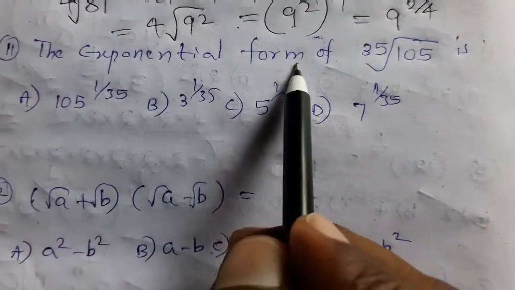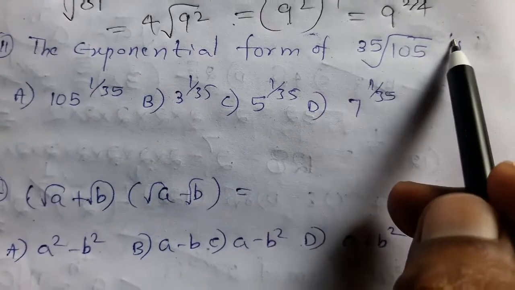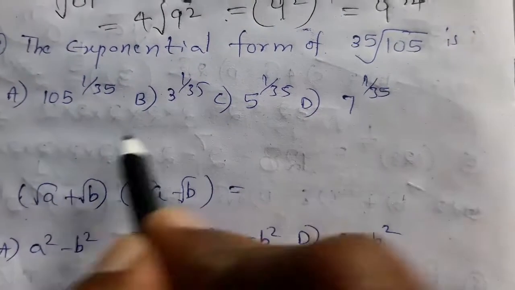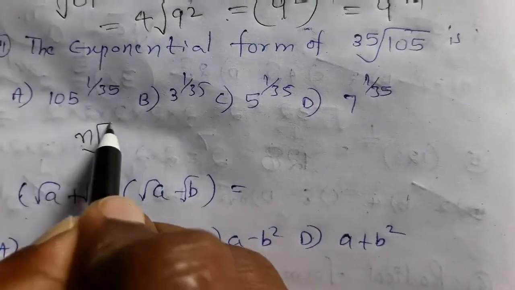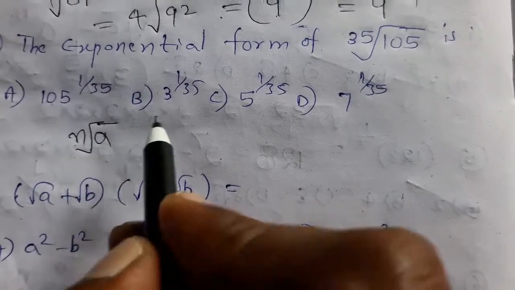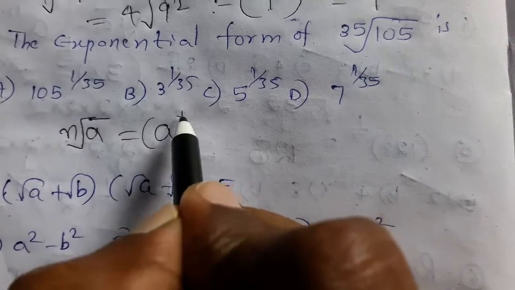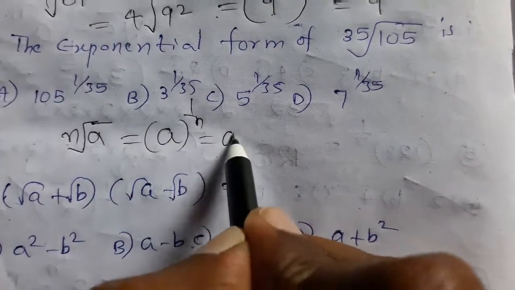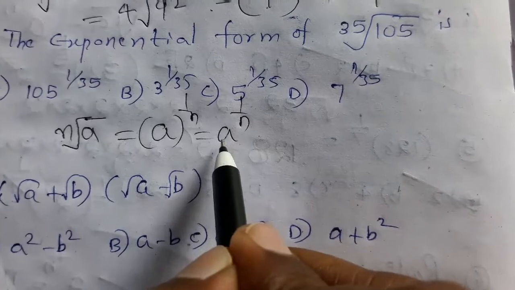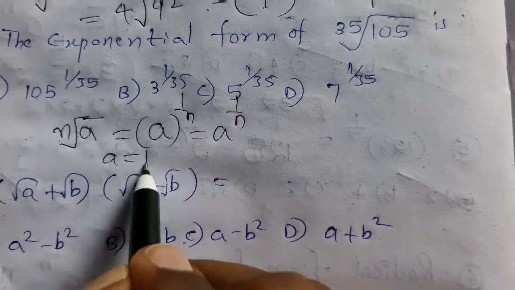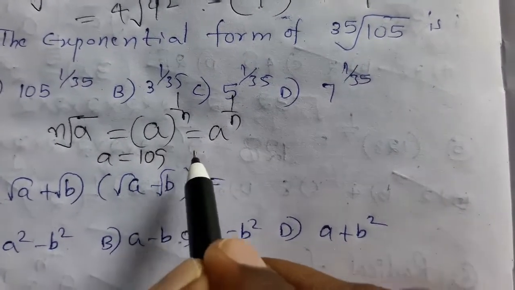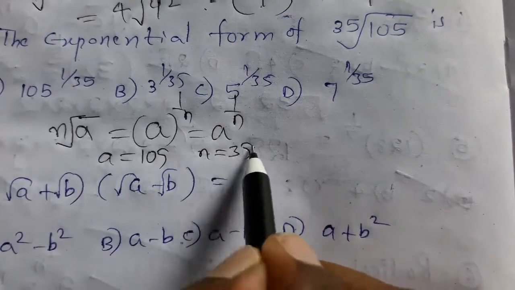The exponential form of the 35th root of 105. This is the nth root of a. This is the formula: it can be written as a whole power 1 by n, that means a power 1 by n. The value of a is here 105, and the value of n is here 35.